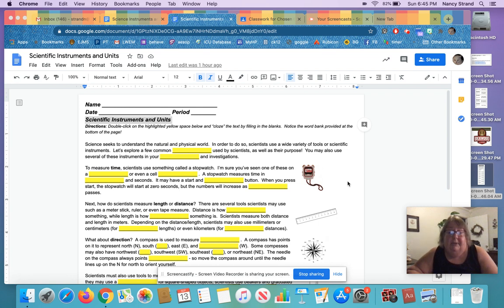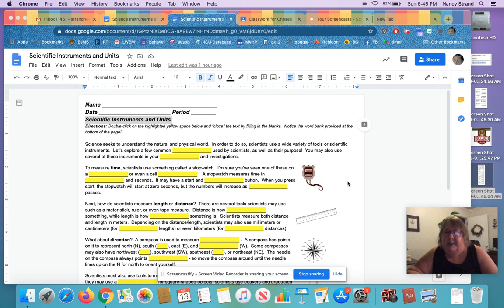Scientists measure both distance and length in meters. Depending on the distance or length, scientists may also use millimeters or centimeters for small lengths, or even kilometers for long distances.